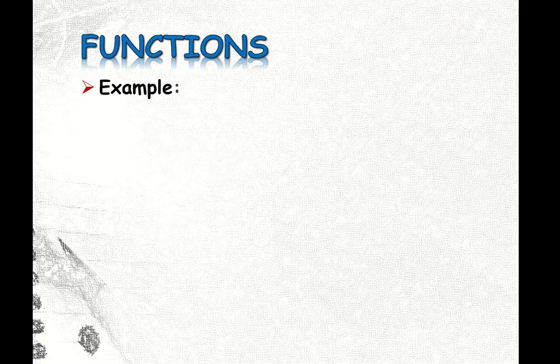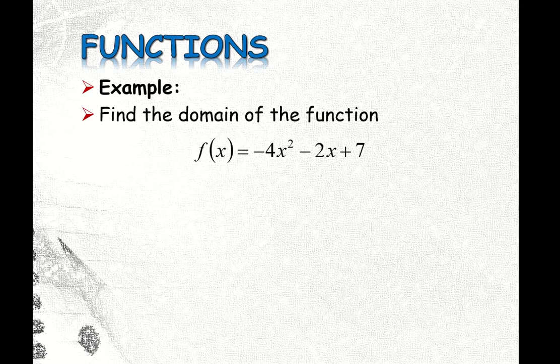Next, another example is we are given here a function of x, which is equal to negative 4x squared minus 2x plus 7. So what do you think will be the domain of this function?